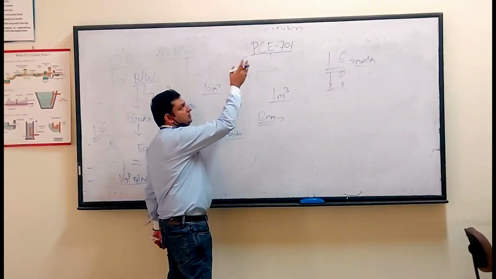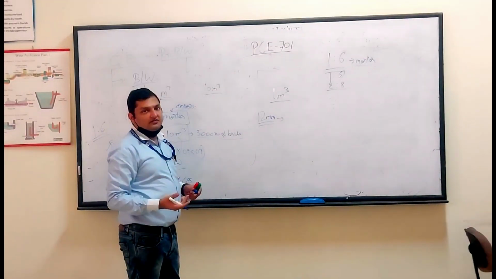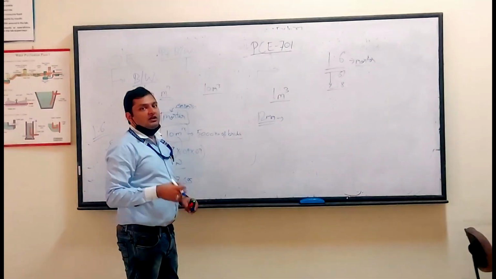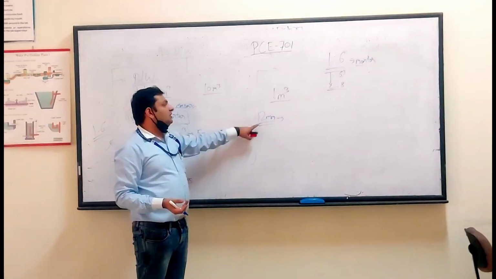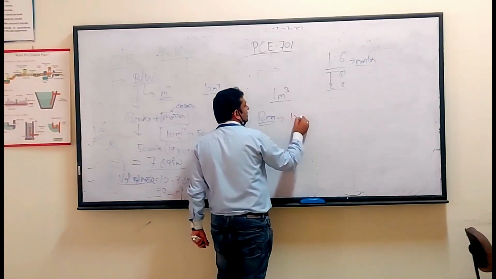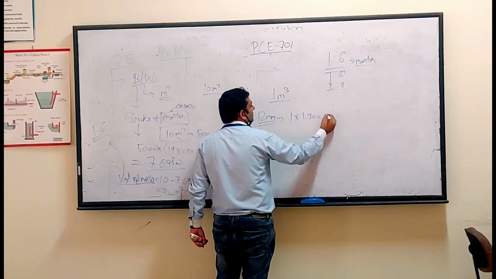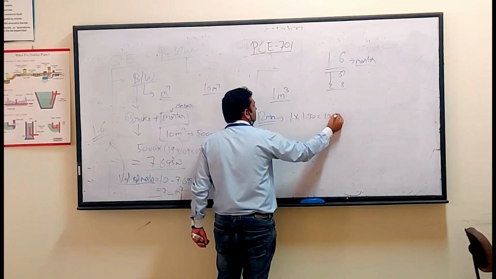This is because in brick masonry, when you use non-modular bricks, there are uneven surfaces. To get even surfaces, extra mortar is consumed. So we increase this quantity by 30%, and this will be 1.3 cubic meters.